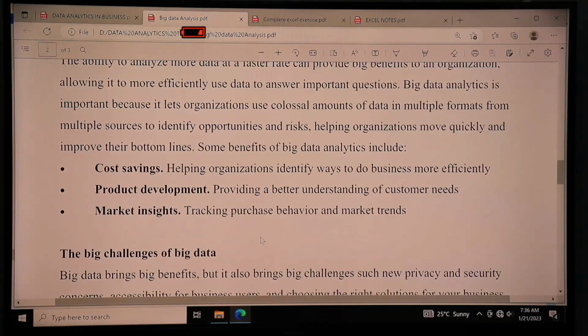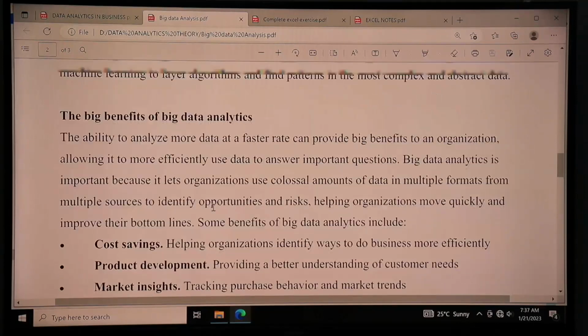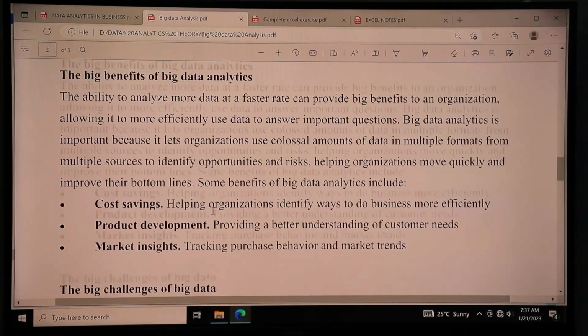Then they also help to do market insight, that is tracking purchase behavior, market trends, and knowing customers from different demographics, that is, the behavior of customers from various backgrounds. So these help to understand the market in a better way. So all these are benefits of why big data is very necessary.